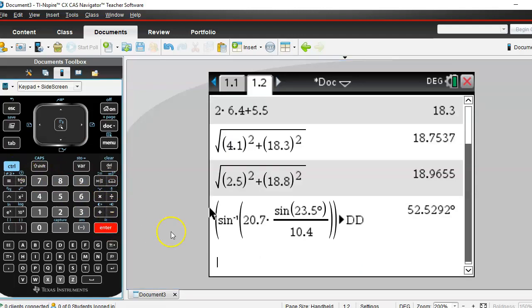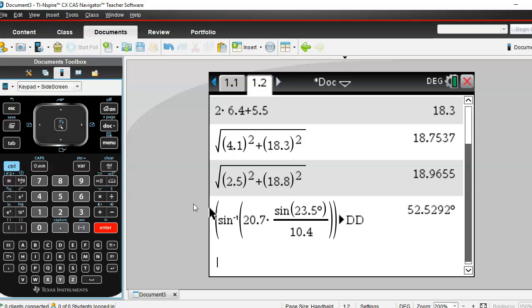Okay, so Q approximately equals 52.5292 degrees.